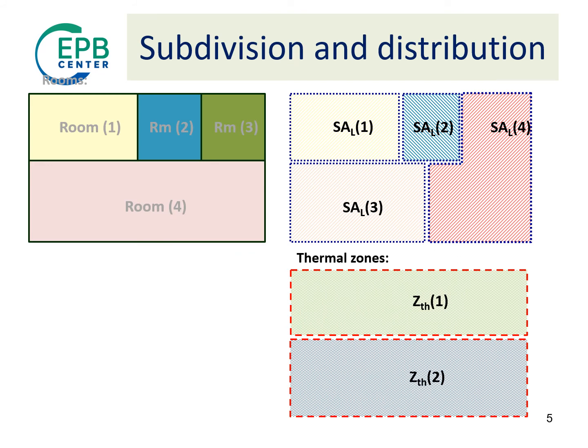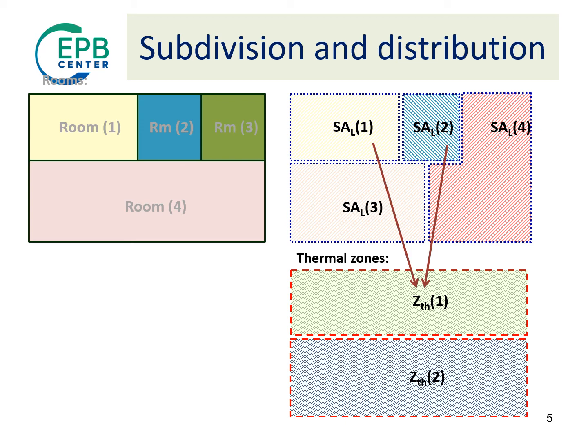Then we can start the calculations. For example, dissipated heat from lighting. From each lighting service area, it is allocated or redistributed to each of the thermal zones, with simple rules, for example by weighted floor area or perhaps by weighted volume. In the example, the heat from the lighting in lighting service areas 1 and 2 is completely allocated to thermal zone 1.